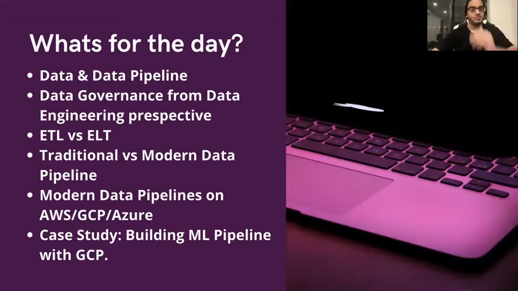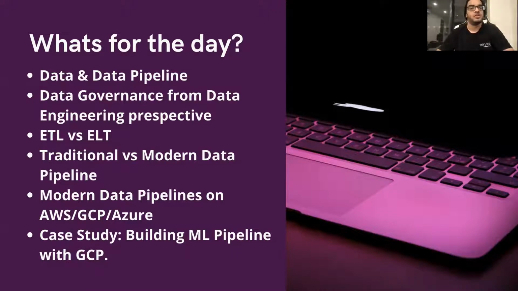What we have today is we'll talk about a modern data pipeline. It's always good to start from the perspective of data and how a data pipeline needs to be developed to serve a specific requirement of data that we come across, or to serve a specific problem. There can be different kinds of scenarios where we would require a pipeline.